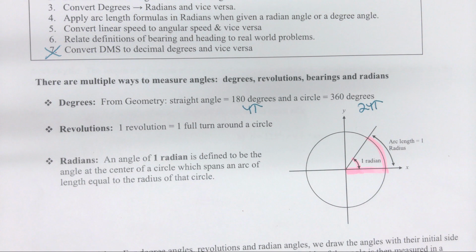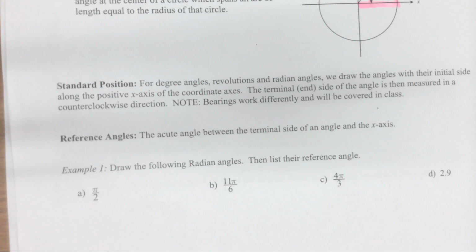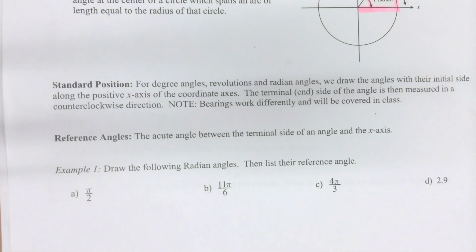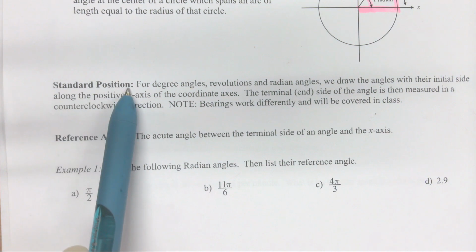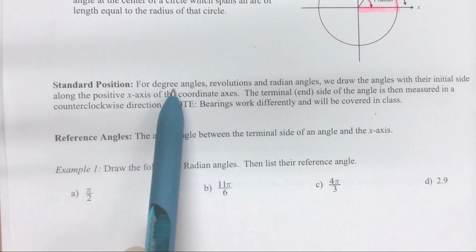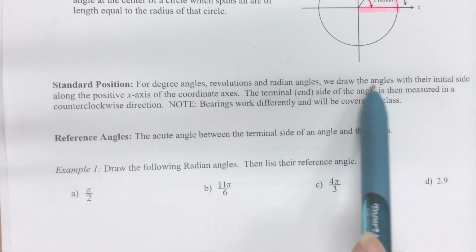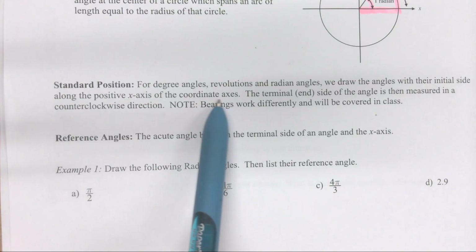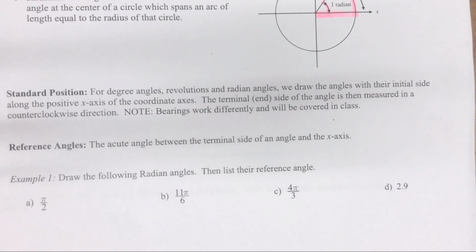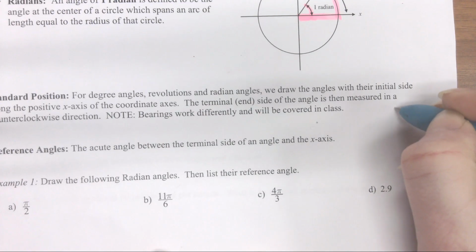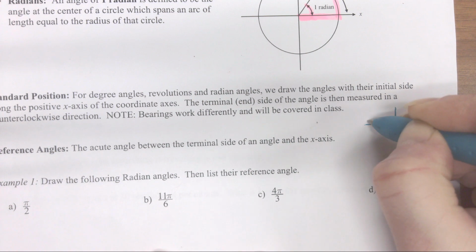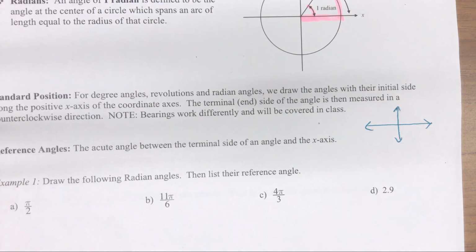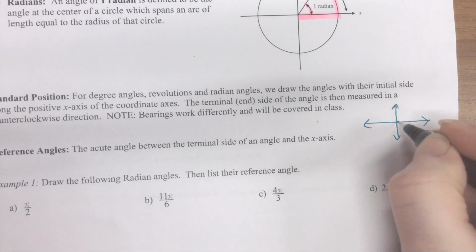For what we do, we're going to mostly talk about rotation angles in this chapter, okay? We're going to have angles that start at a spot and then end at a spot. And so when we're doing that, we have something called standard position. For degree angles or revolutions, we're going to draw the angle with its initial side along the positive x-axis of the coordinate plane. Let's say I have an xy axis, and I start an angle right here.